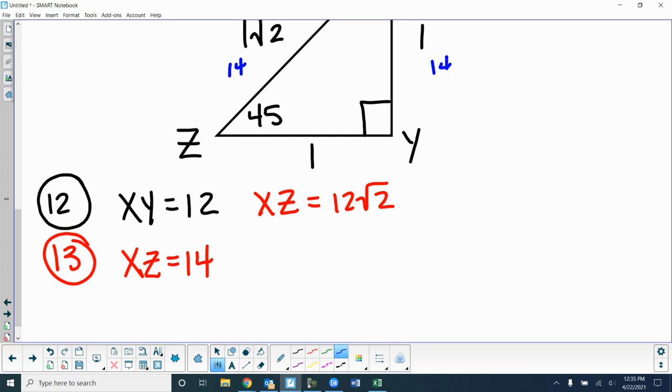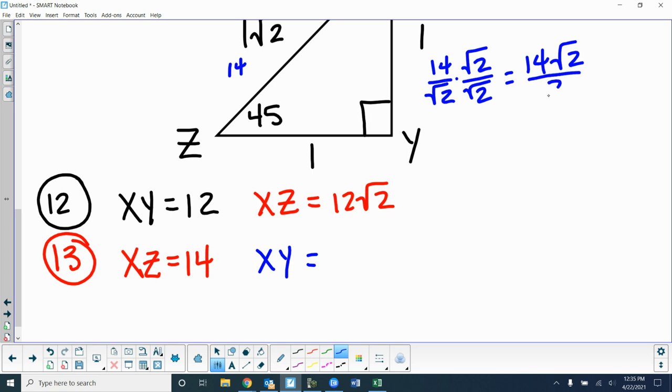So it's 14 radical 2. Is that what I'm looking for, XY? Yeah. 14 radical 2 over 14. All right. So I have to do this, which is 14 radical 2 over 2. So what's the answer? 14 radical 2 over 2.